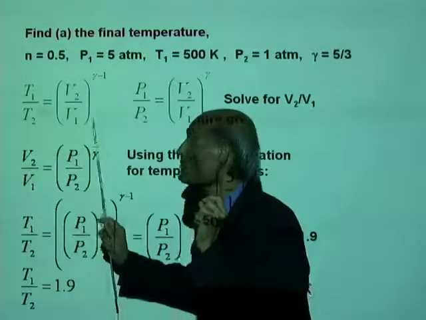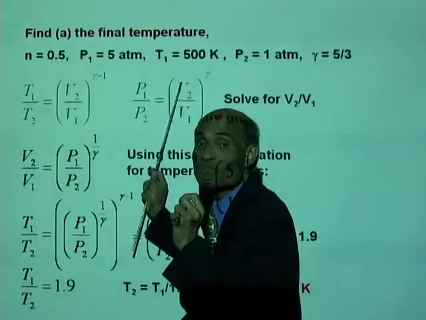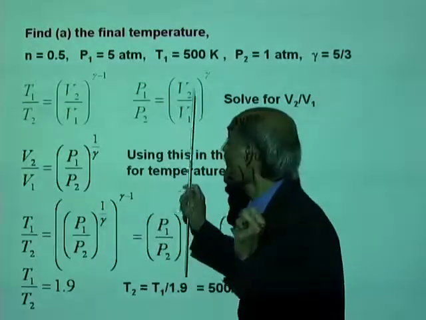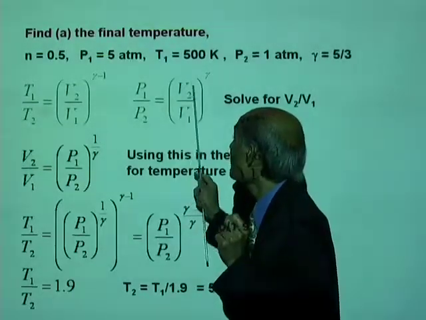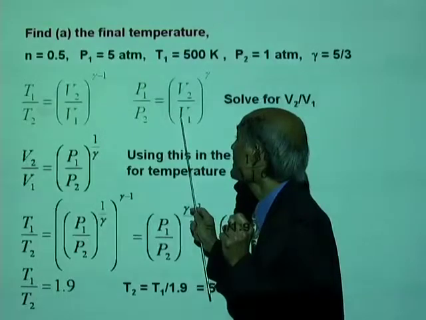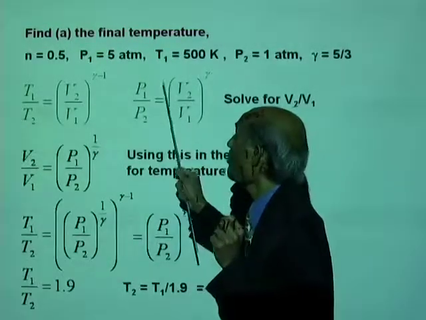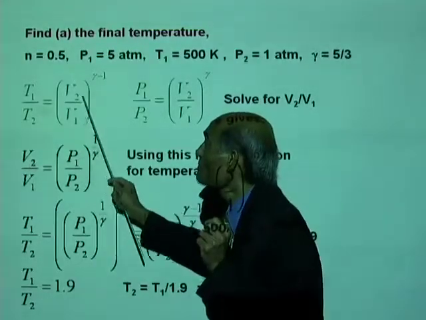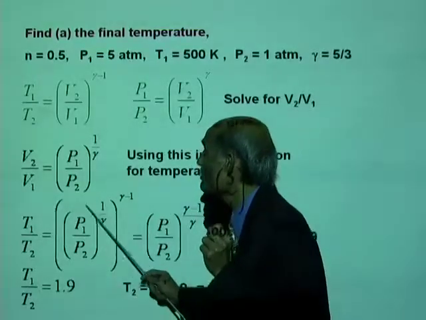There again, we obtained P1 by P2 in terms of V2 over V1. And then we solved for this V2 over V1 as P1 over P2 to the power of 1 over gamma, and replaced this V2 over V1 in this equation by that quantity.